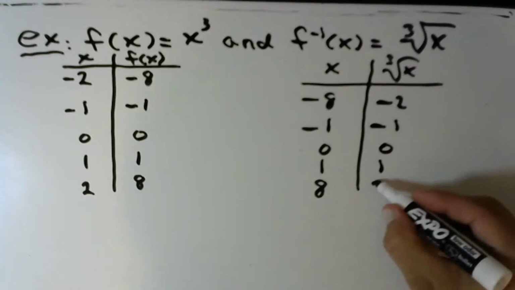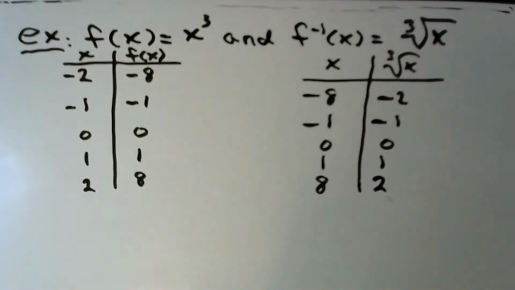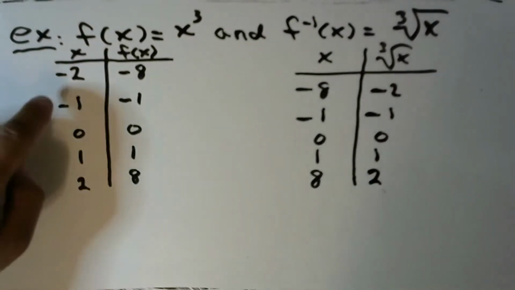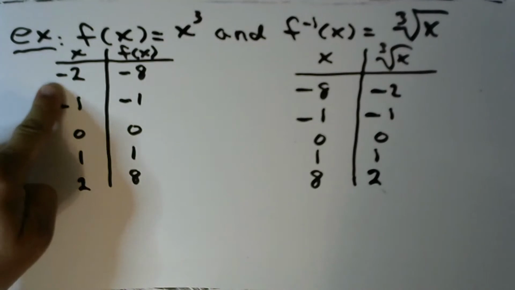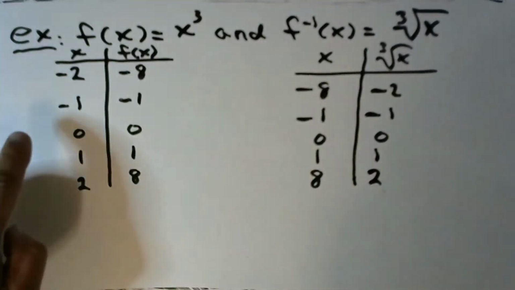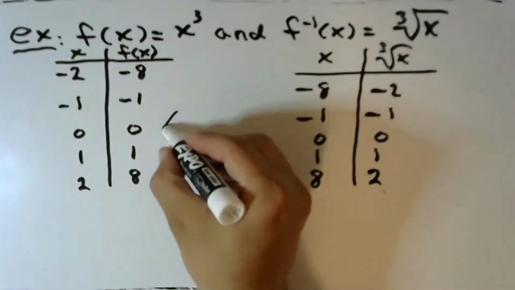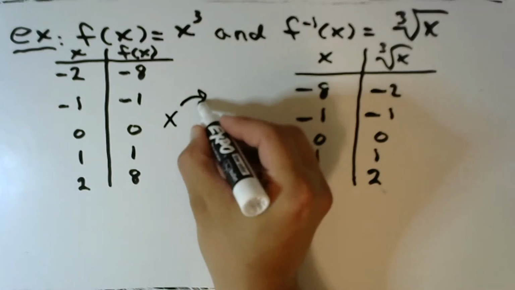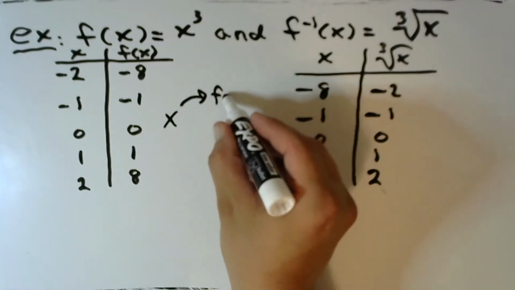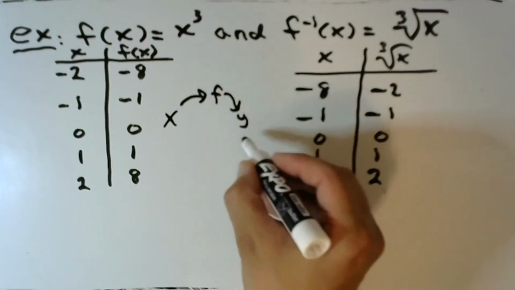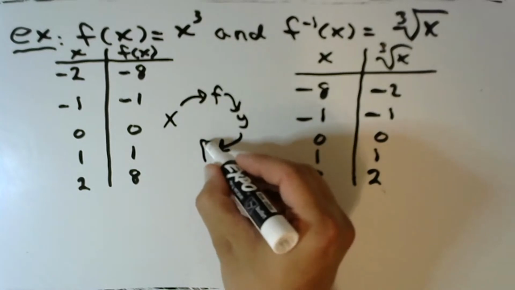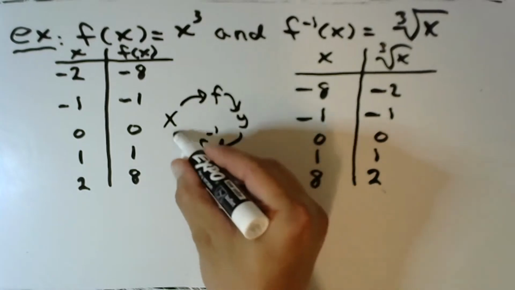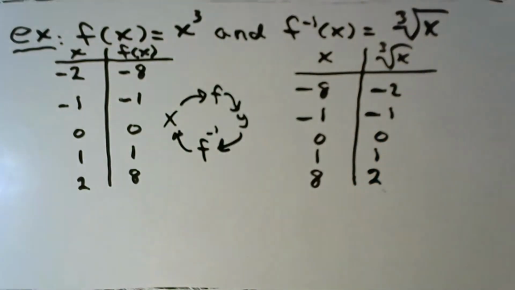Now, I kind of gave it away a little earlier, because the point of an inverse is the inputs and the outputs. For a function f, x goes into f, and we get y, but then y goes into f inverse, and f inverse puts out x.